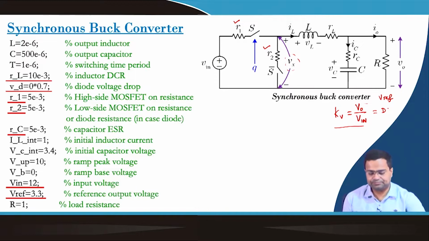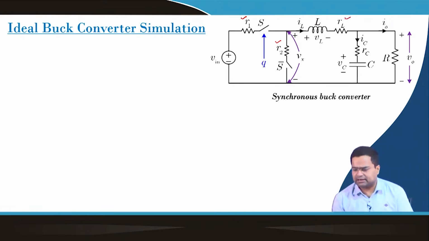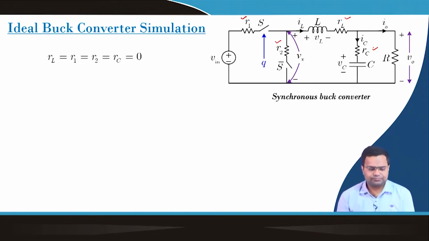Next, now in the ideal simulation I have replaced all these parasitic R1, R2, RL, which is the DCR of the inductor, then the ESR of the capacitor, all are set to 0.